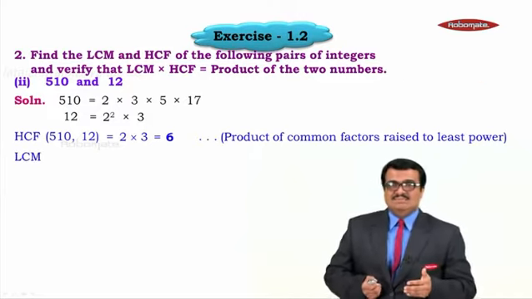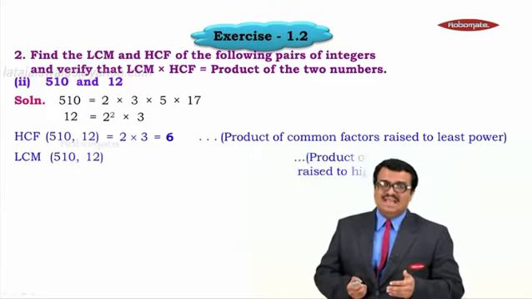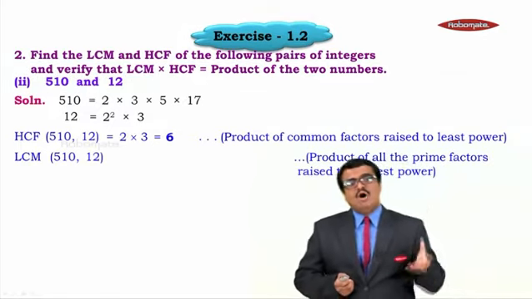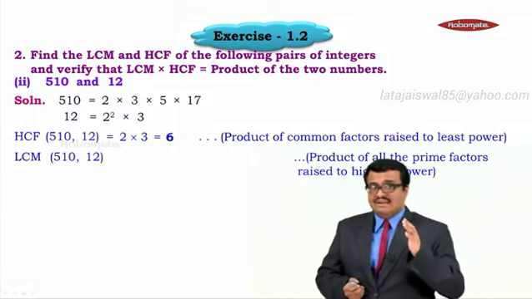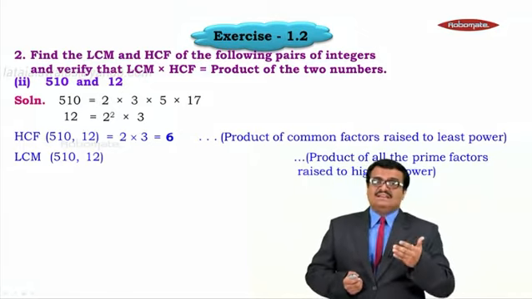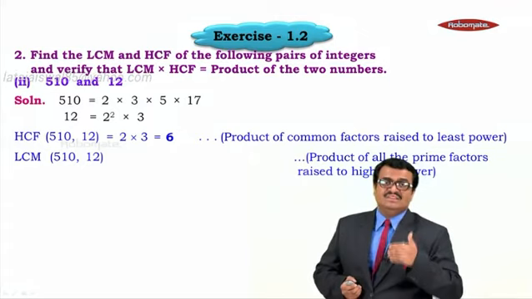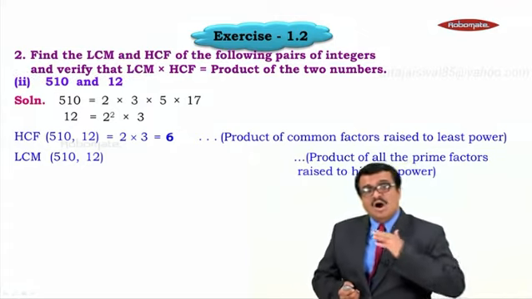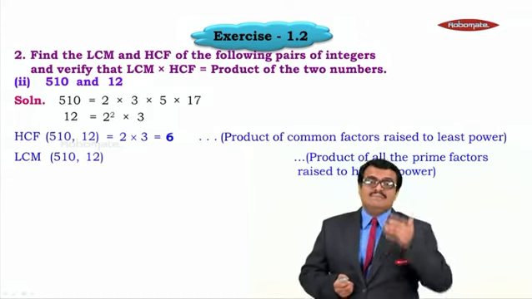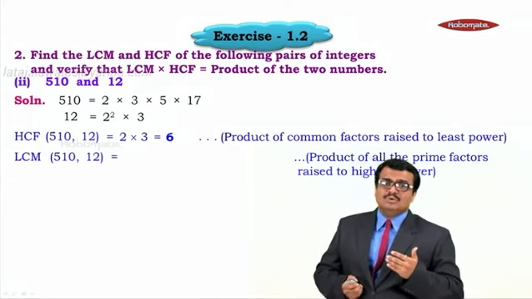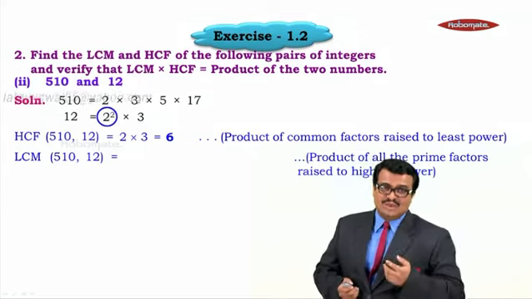Now coming to LCM, LCM of 510 and 12. LCM is the product of all prime factors raised to the highest powers. The prime factors present here are 2, 3, 5 and 17. Now if you see 2, what is the highest power of 2? The highest power of 2 is 2 square.